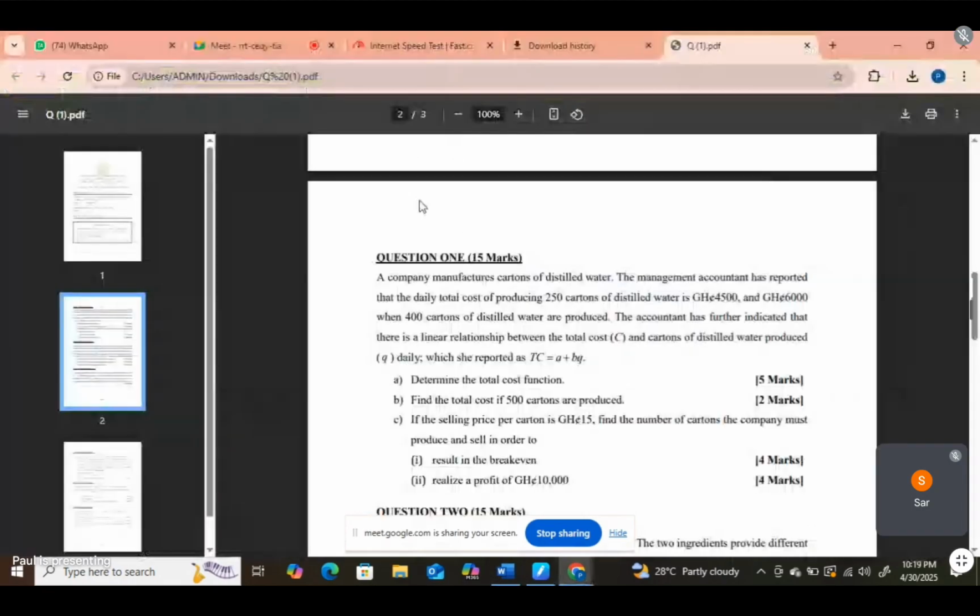Okay. So the management accountant has reported that the daily total cost of producing 250 cartons of distilled water is 4,500 and 6,000 when 400 cartons are produced. The accountant has further indicated that there is a linear relationship between the total cost and the cartons of distilled water produced, that's Q, which she reported as TC equals A plus BQ.